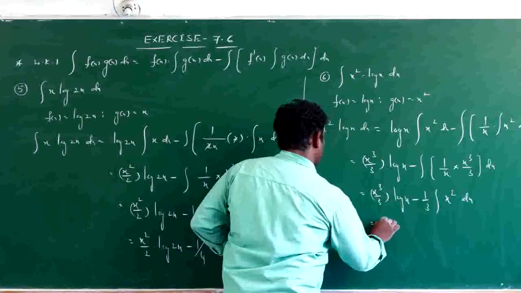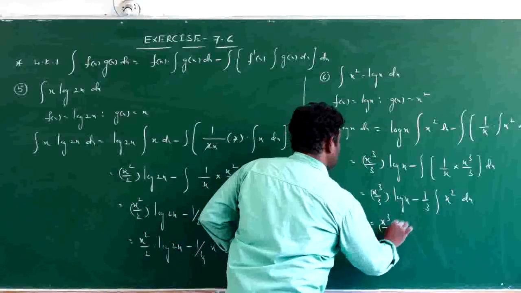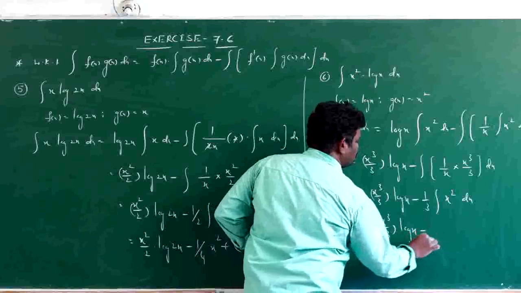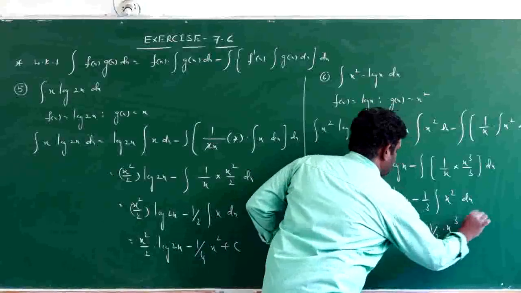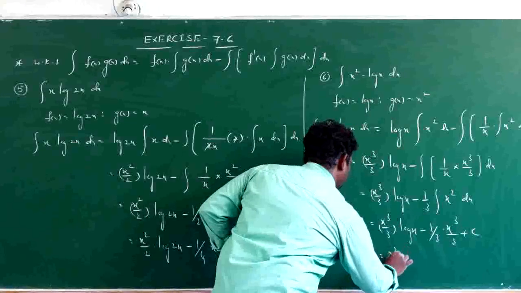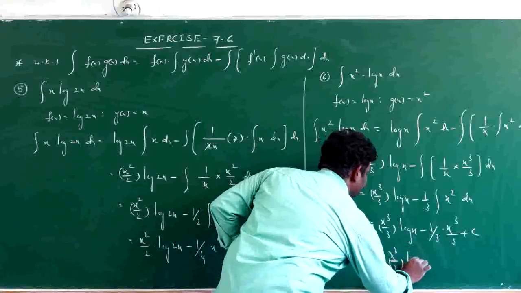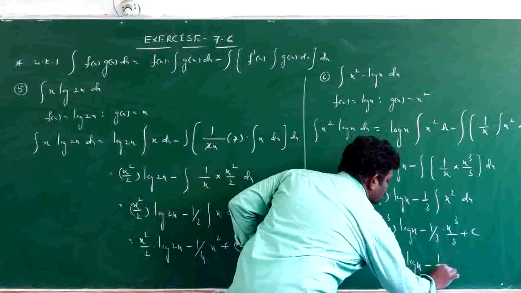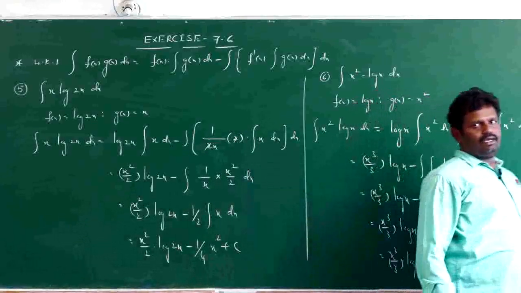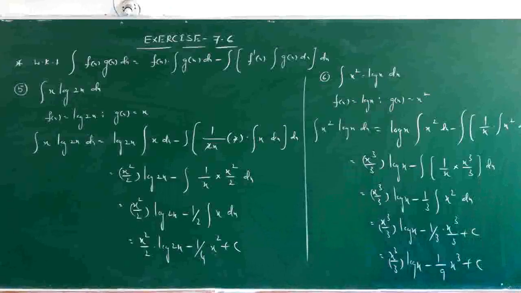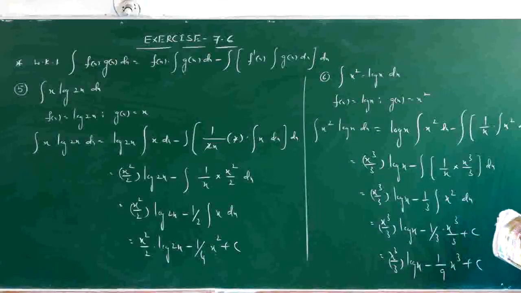Then finally x cube by 3 into log x minus 1 by 3 into x cube by 3 plus c. So finally x cube by 3 into log x minus 1 by 9 into x cube plus c, okay, right.